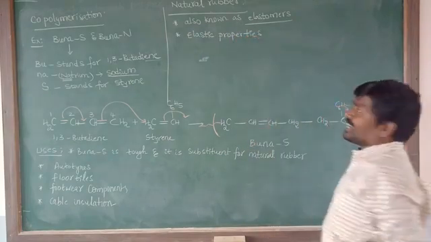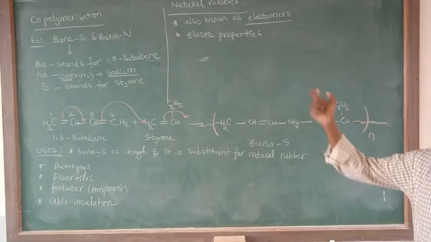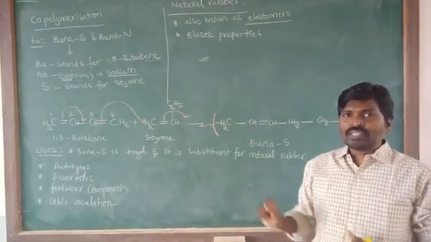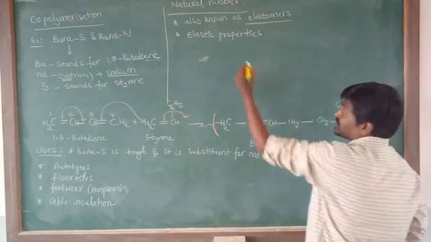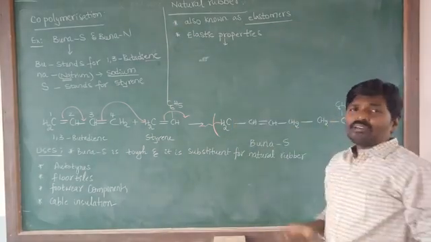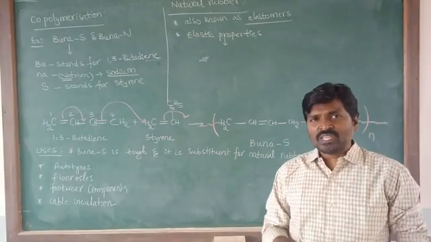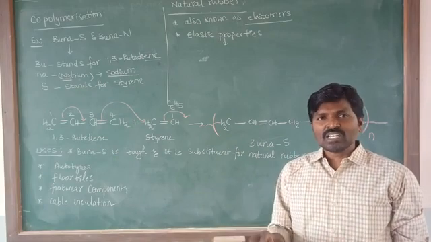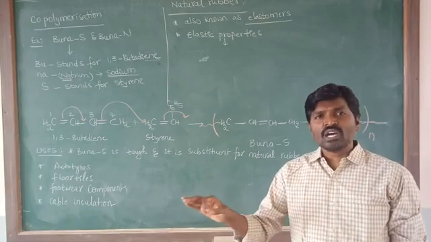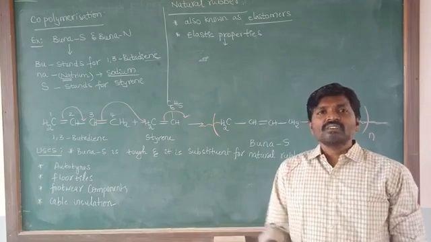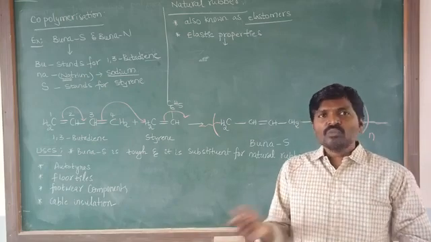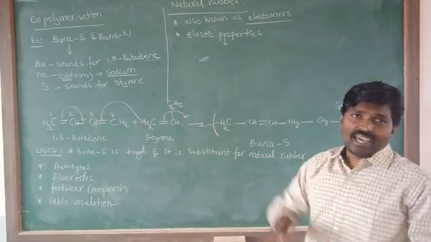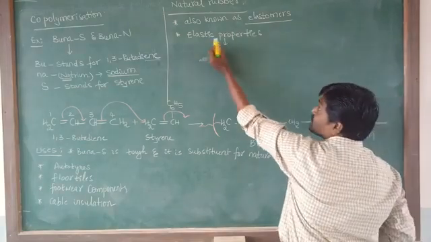You have to remember the reason. Why do natural rubbers exhibit elastic properties? Here we observe van der Waals forces of attraction. Due to the presence of weak intermolecular forces of attraction, that is van der Waals forces, they mostly exhibit elastic properties. So that's why they are also known as elastomers.